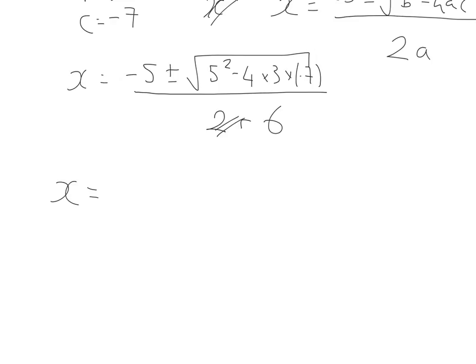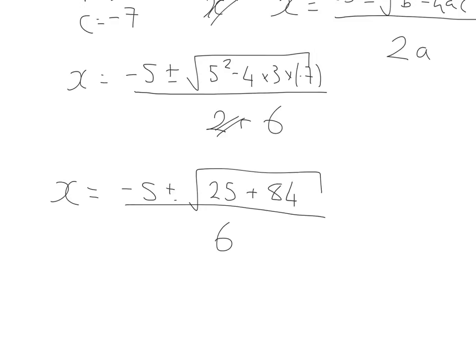Now just take your time with this one as a calculator question. So inside here I've got 5 squared is 25, minus 4 times 3 is minus 12, minus 12 times minus 7 is going to be plus 84.